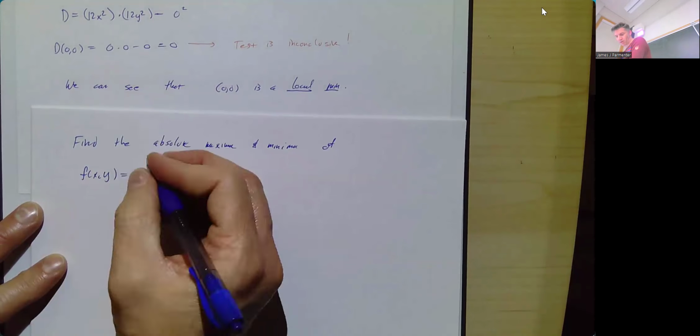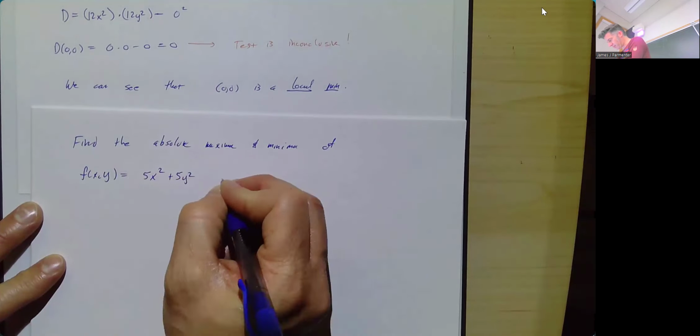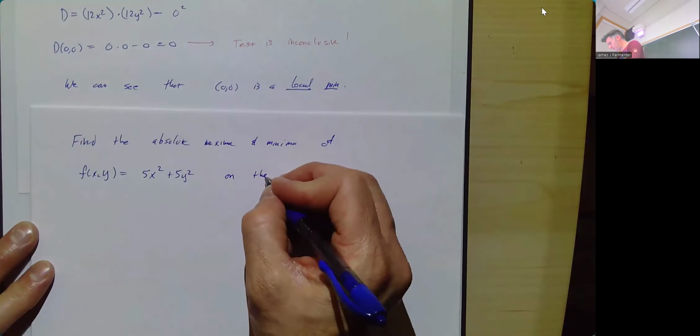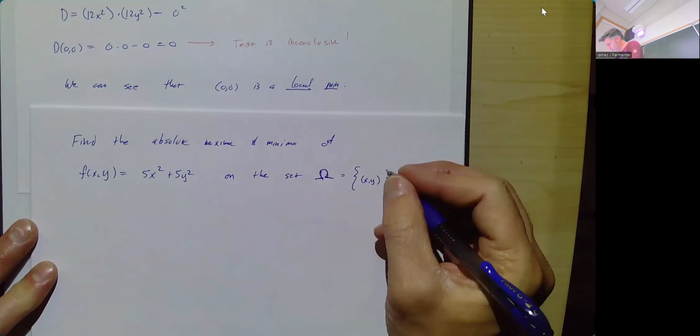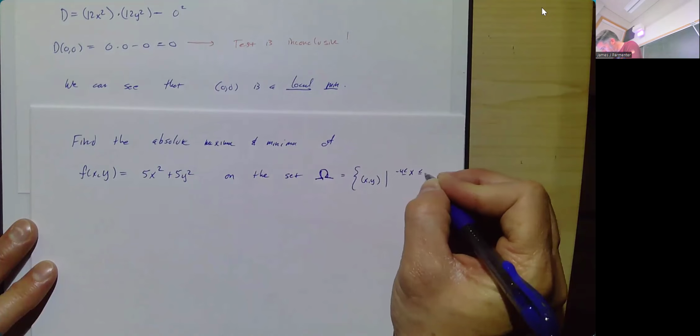Of f of x, y equal to 5x squared plus 5y squared on a closed interval. I think your teacher likes to use the notation omega. On the set omega, which is equal to the set of all x and y such that x is between -4 and 4, and so is y.